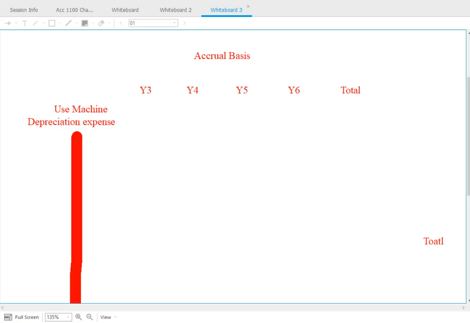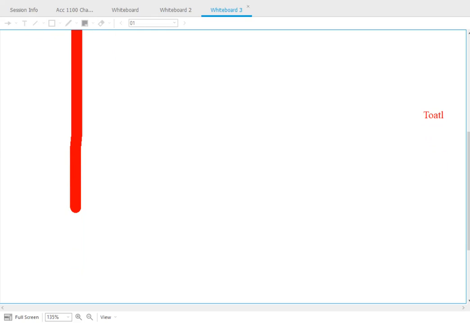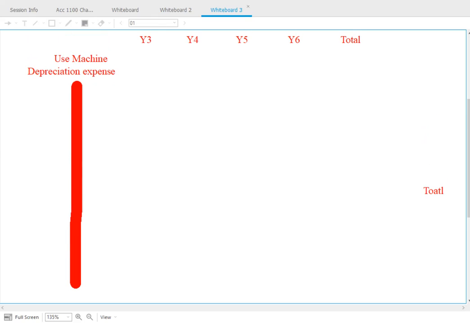And the name of the expense is depreciation expense. So at the beginning of year 3, I don't have an expense. When I pay the $240, when I buy the machine, this $240 is not an expense. But by the end of year 3, I use the machine for a whole year. So if I use the machine, then I have to record that as an expense. The name of the expense is called a depreciation expense.